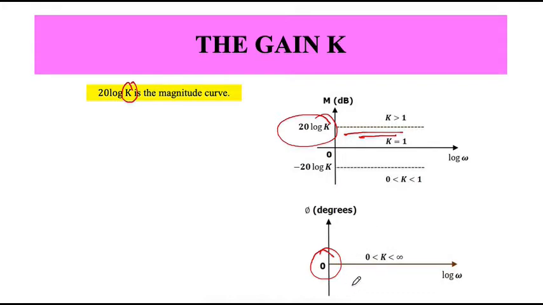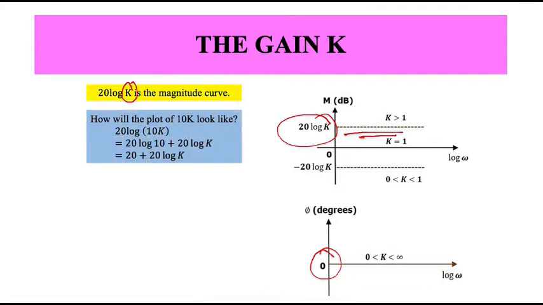So let's say I have 20 log 10k. This can be written as 20 log 10 plus 20 log k. Log 10 is 1, so this would be 20 plus 20 log k. So I will have a line somewhere at a distance of 20, all in decibel.